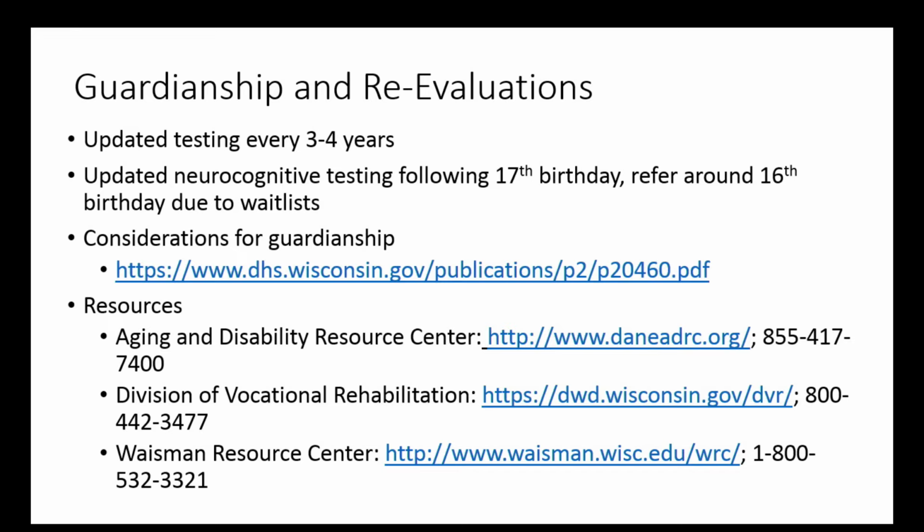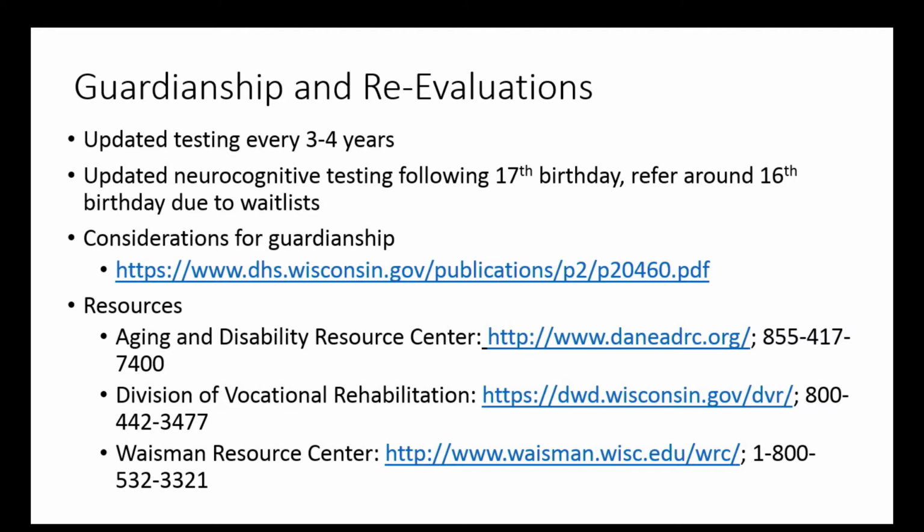Guardianship is often something that families will pursue, and I do want to note that it's important to start this process before the child's 18th birthday. Neuropsychology is certainly happy to help with this process. Oftentimes, in order to establish guardianship, we need to see some sort of cognitive or neurocognitive deficit and document that.